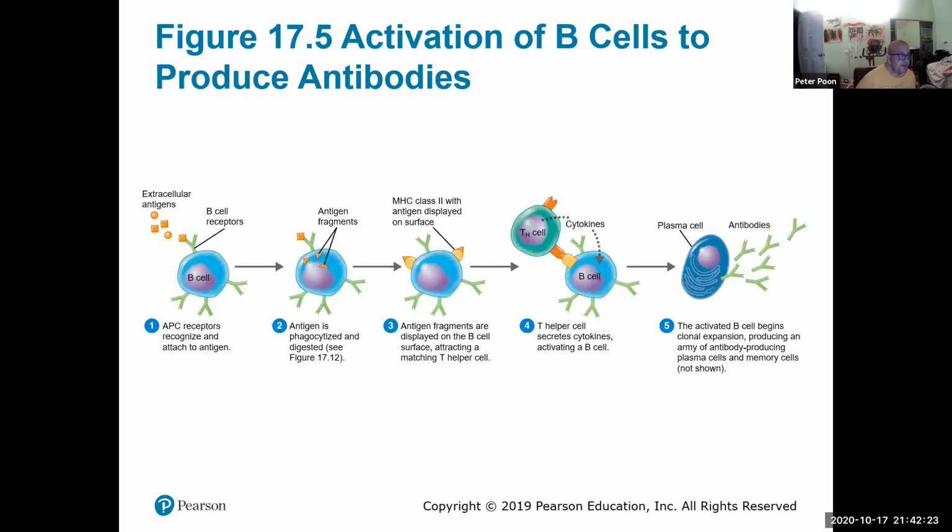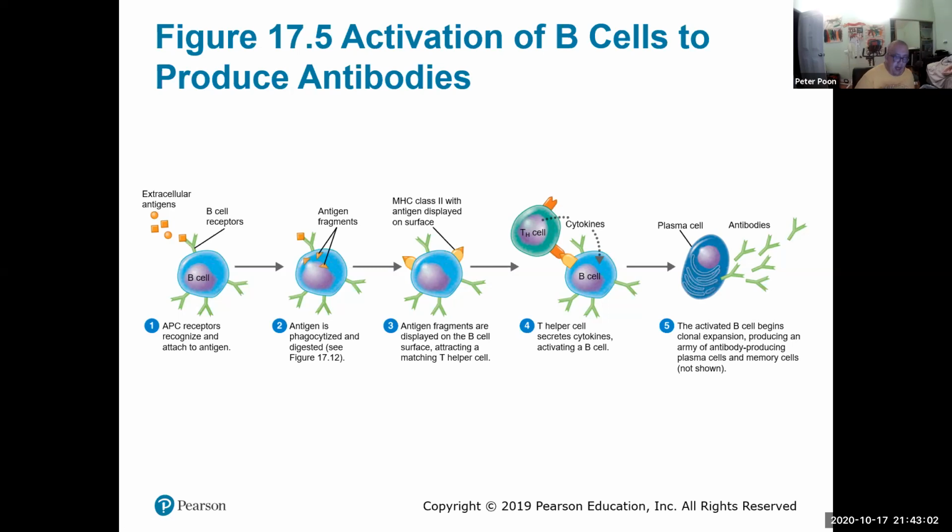So let's look at these B cells right here. These B cells will bind to it if there's an infection. Just randomly, one of the B cells will bind to the antigen. Once it binds to the antigen, it will take in the antigen and chop it up into little bits.